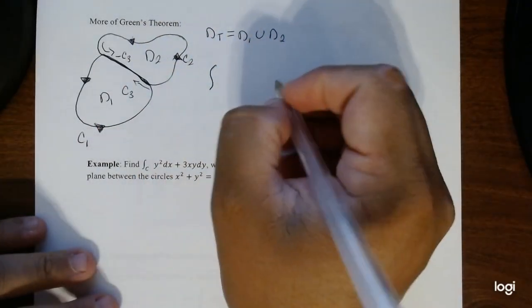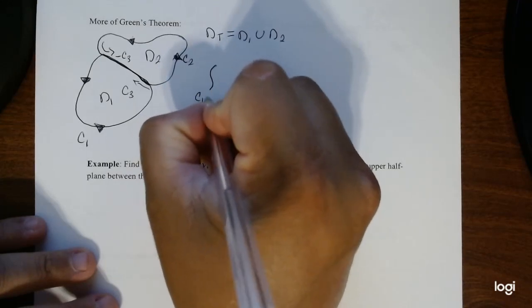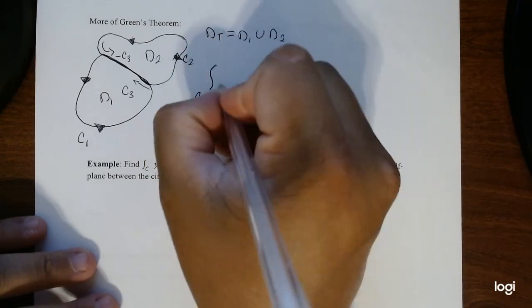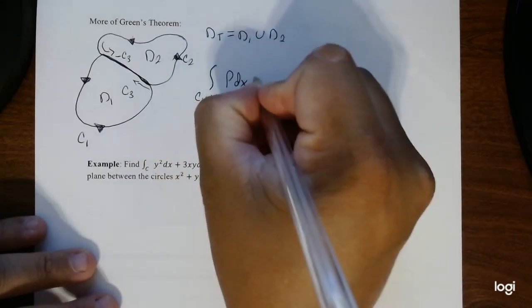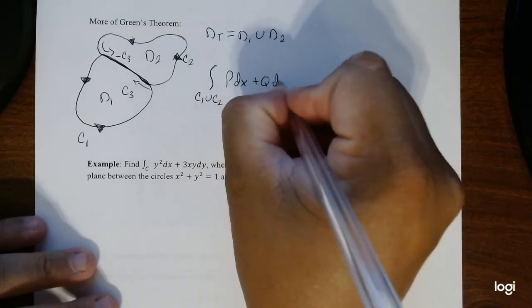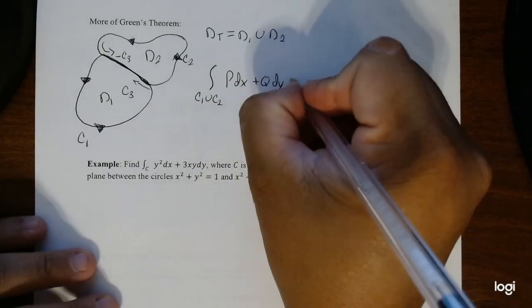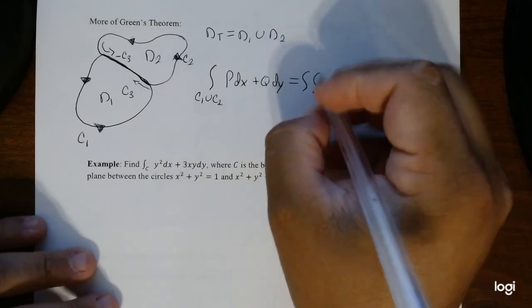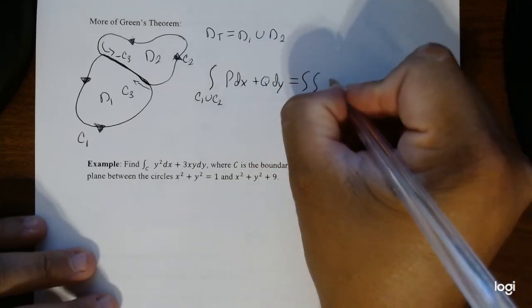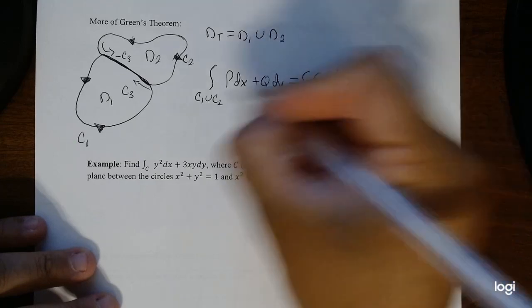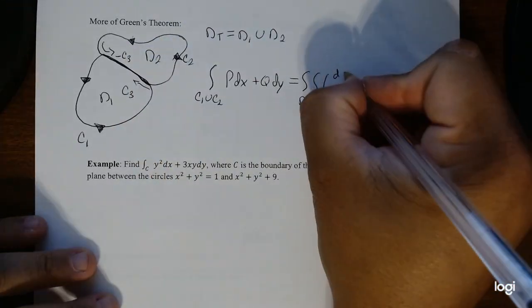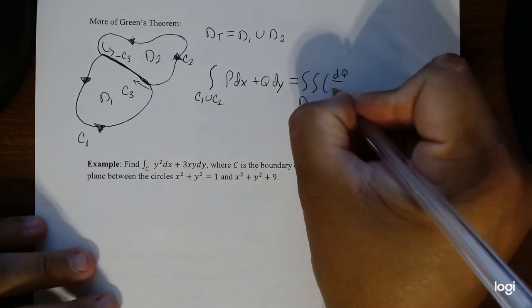Meaning if I want to take the line integral of C1 union C2, it ends up being the exact same process. Again, the reason is that C3 and negative C3 literally just cancel each other out in this process.